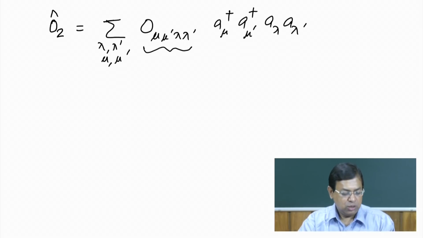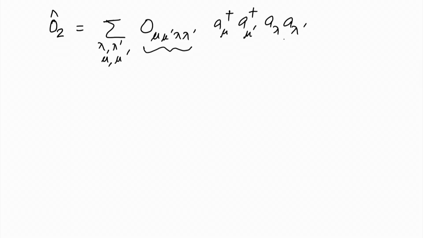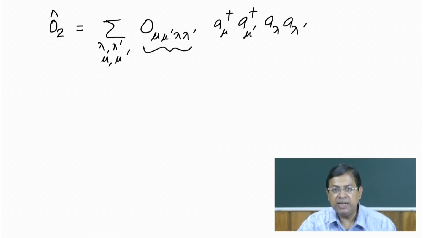So, what happens is that one particle from a state lambda and another particle from the state lambda prime scatter onto two states mu and mu prime. So, lambda and lambda prime are annihilating, and they are getting created in the mu and mu prime states.